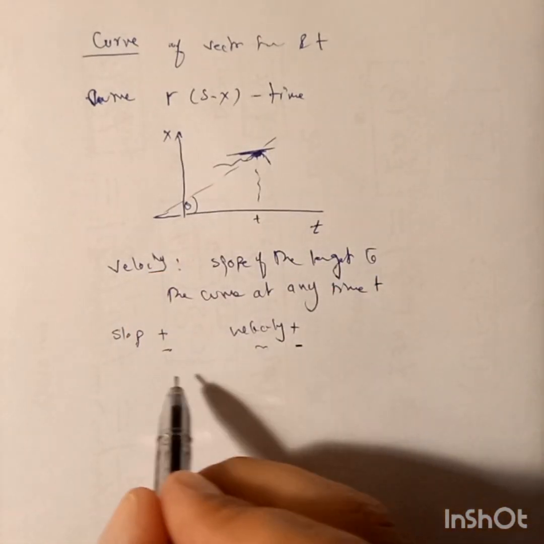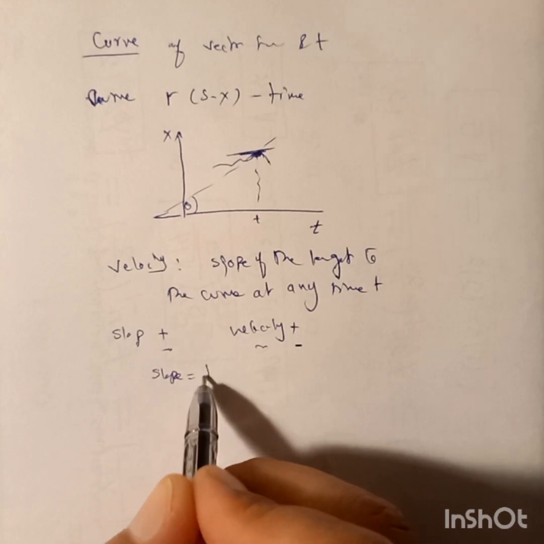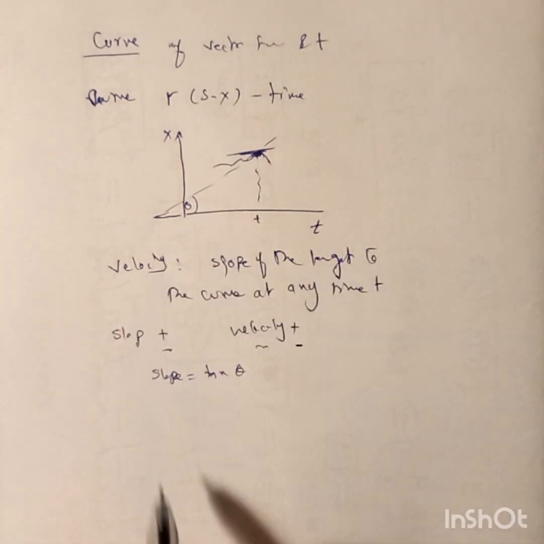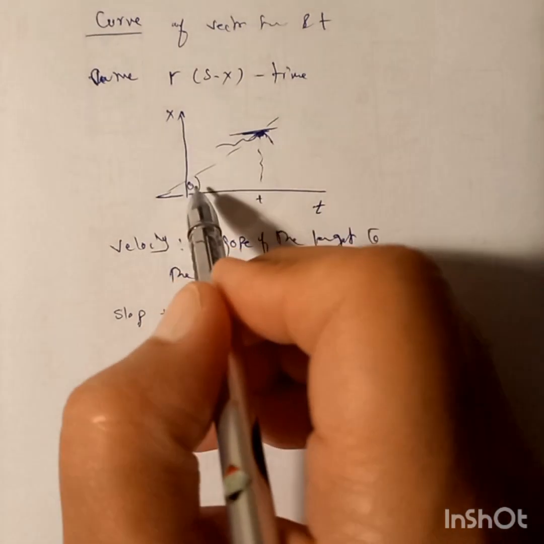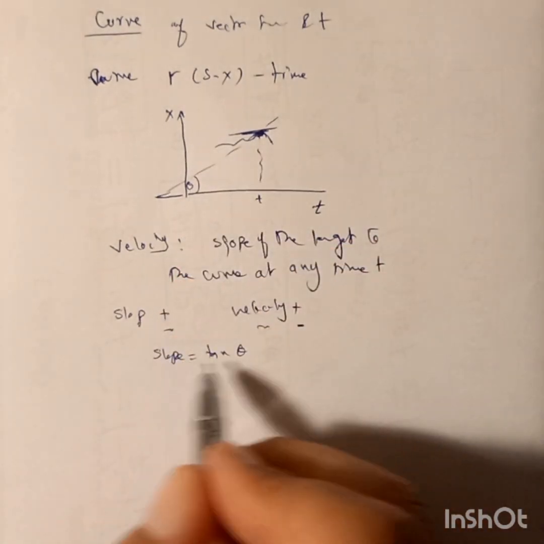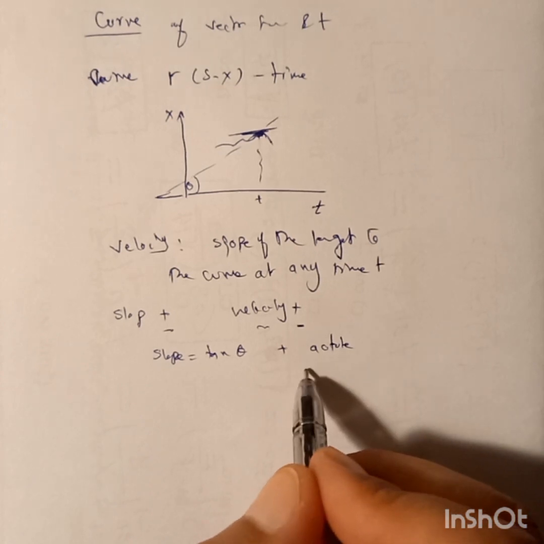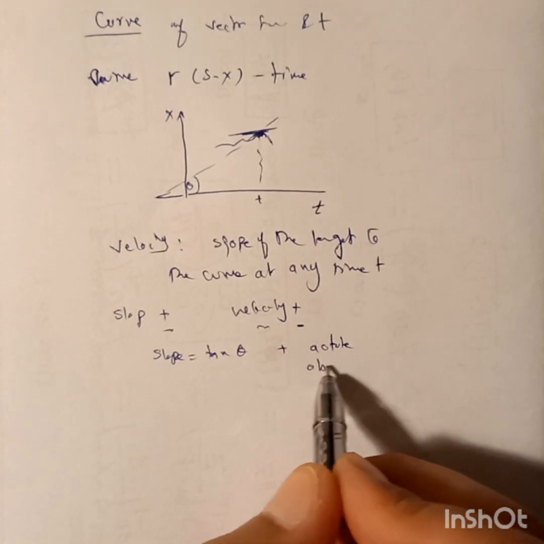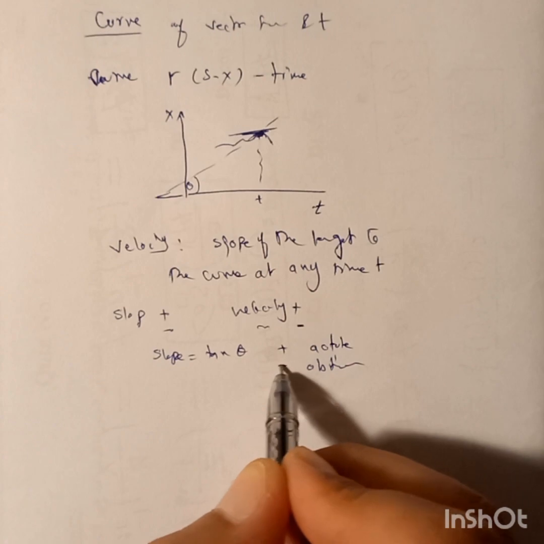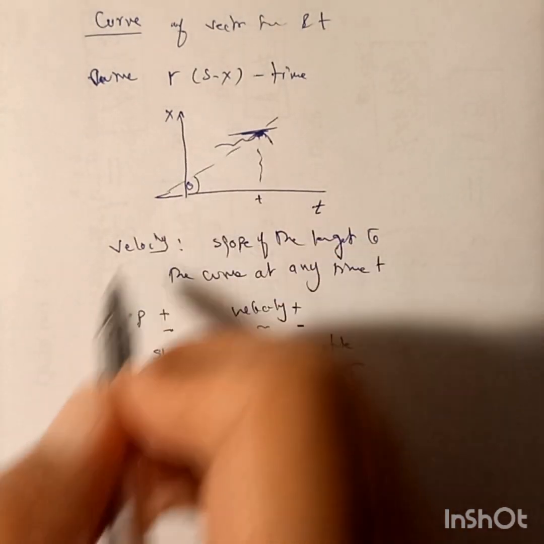Here the slope equals tan theta. Of course, if this angle is acute, then the slope is positive; in case of an obtuse angle, the slope is negative.